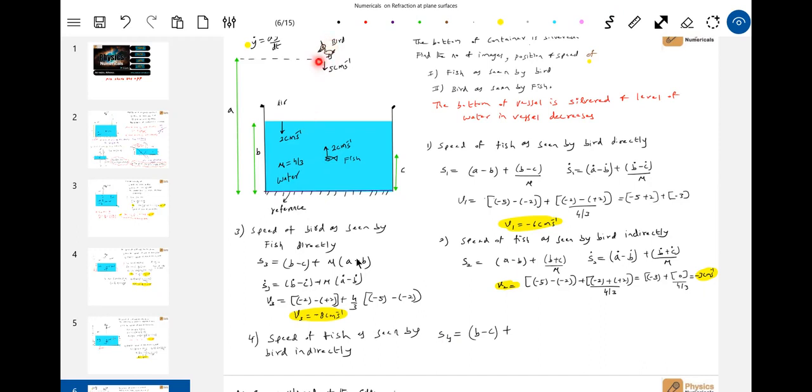The bird will appear further. So what is the distance of the bird from the boundary? A minus B. So apparent height will be mu times of A minus B. And that will be seen by the mirror, no? And its image will be formed.